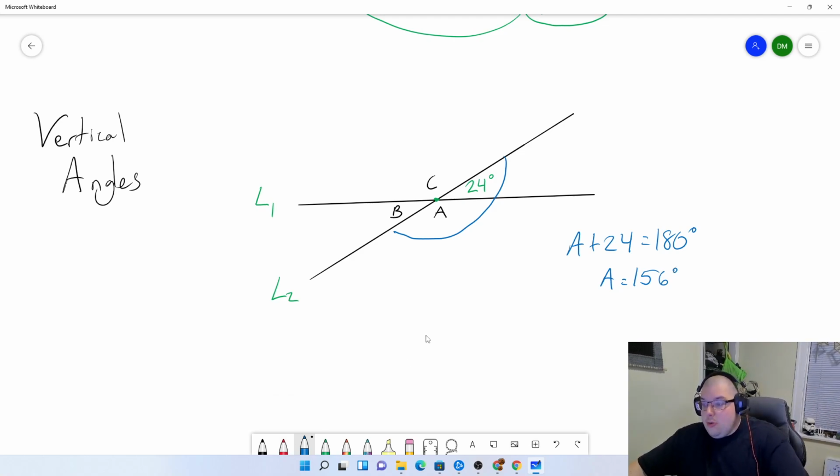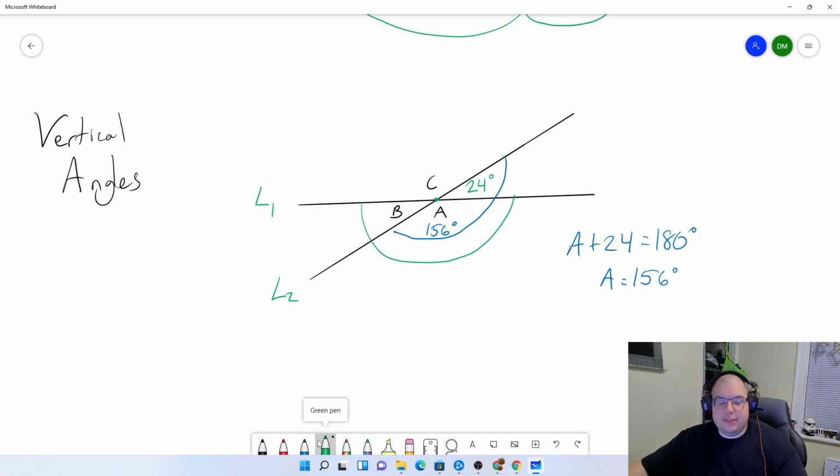So now I know what A is. A is 156 degrees in there. And I can use that to solve for B, because B and A are supplementary to make that line L1 right here. B and A together make line 1, make that 180 degrees.